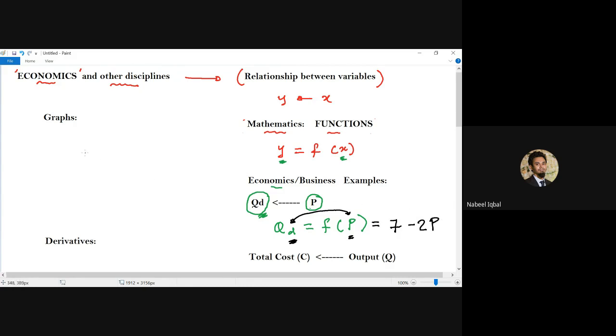Although in economics we put quantity on the x-axis, in mathematics we always put the dependent variable on the y-axis. So we are going to put quantity on the y-axis, and we put the independent variable always on the x-axis. So this is almost always the case. There are certain exceptions only in economics.